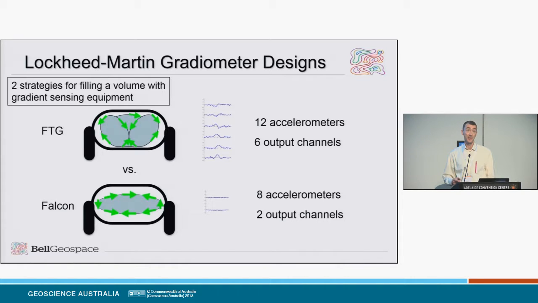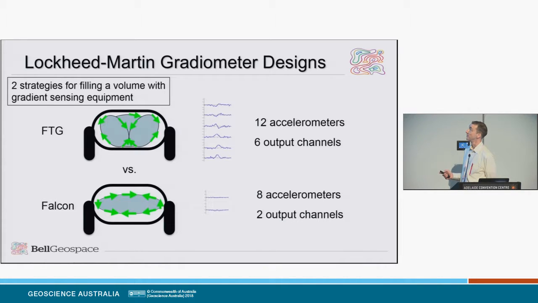Okay, the third thing I wanted to get across is that this mathematics of what the processing could do for you has to be considered when comparing the gradiometer designs. So these are the two current systems coming out of Lockheed Martin. They're built in the same factory and they both share a very similar platform.